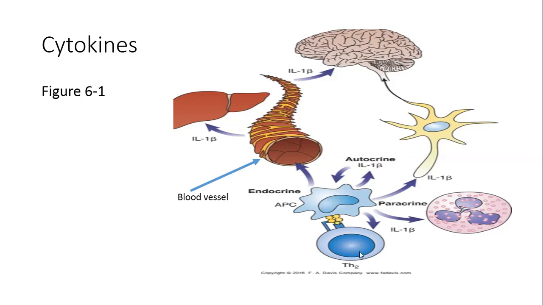Immunoglobulins. So yeah, a lot of different actions from the actions of this one antigen presenting cell that had processed and presented an antigen. And the release of the cytokine, the same cytokine, had an action on a number of cells.